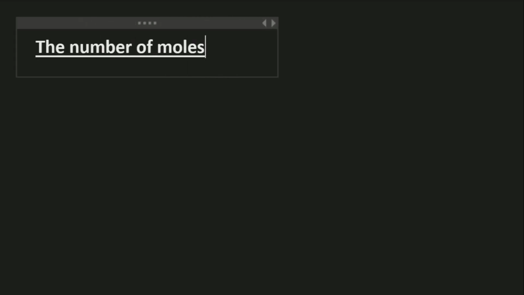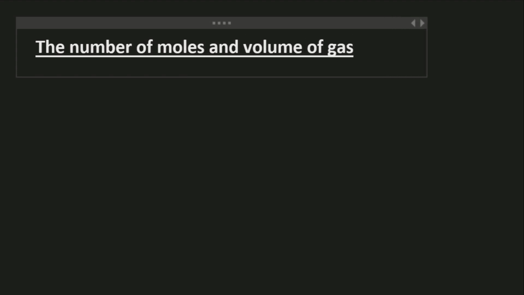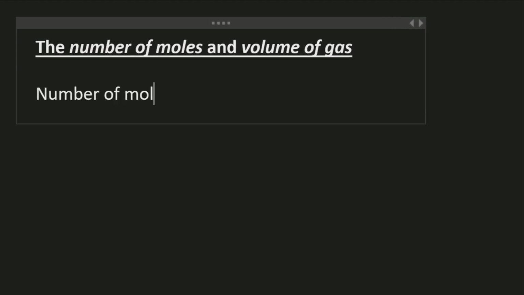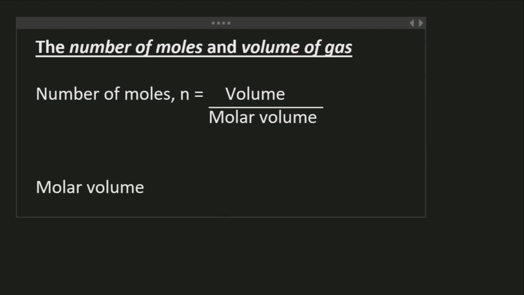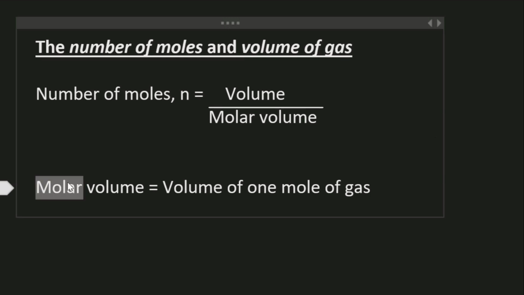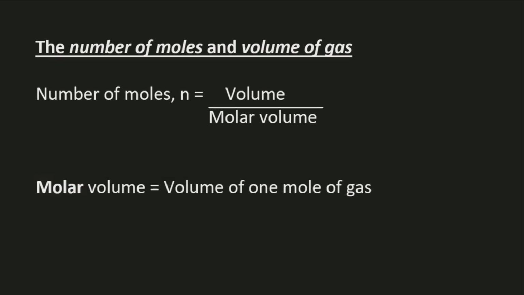Next, let's look at the number of moles and the volume of gas. The number of moles is related to the volume of gas by the formula moles equals volume over molar volume. You can see the similarity with the relationship with mass. And what is the molar volume? The molar volume is defined as the volume of 1 mole of gas. That's why it's called molar volume, just like molar mass.